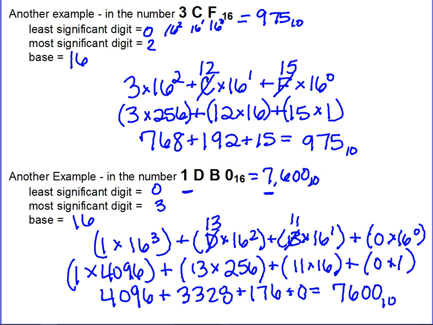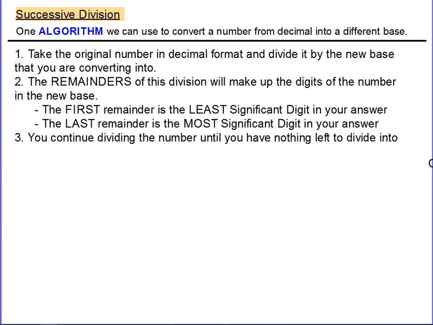Now where it gets difficult with hexadecimal is our successive division. You're going to be dividing by 16, which is something that's definitely not going to be comfortable for a lot of people, and you just have to be very careful with it.